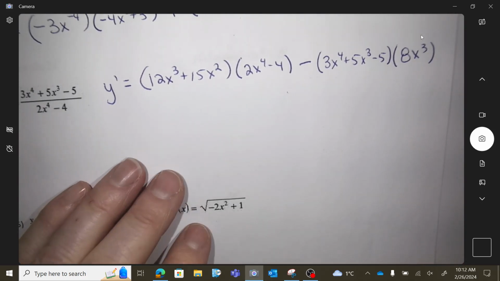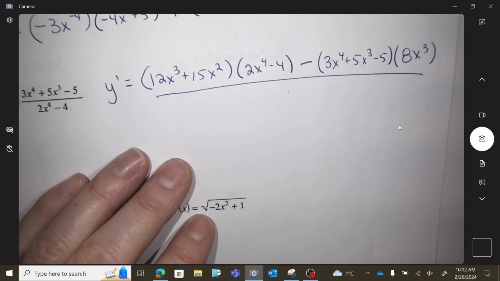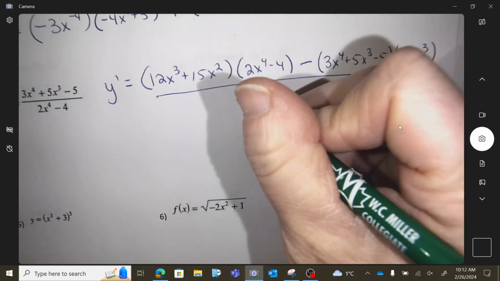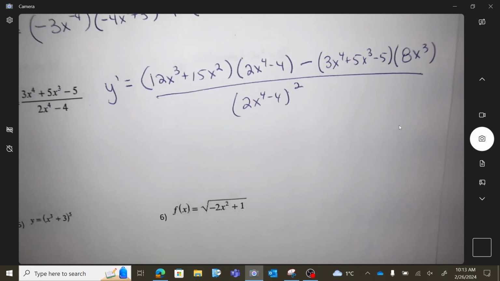Numbers are looking good. 8x cubed, all of it divided by original bottom squared.